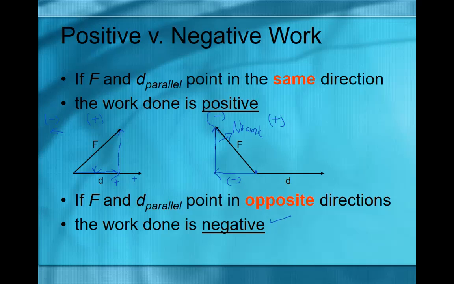Because of our positive and negative terminology with respect to frame of reference, we can identify that yes, this is doing work, but it's doing work in the opposite direction of the motion. So this is what we would identify as negative work. Here's that same thing again.